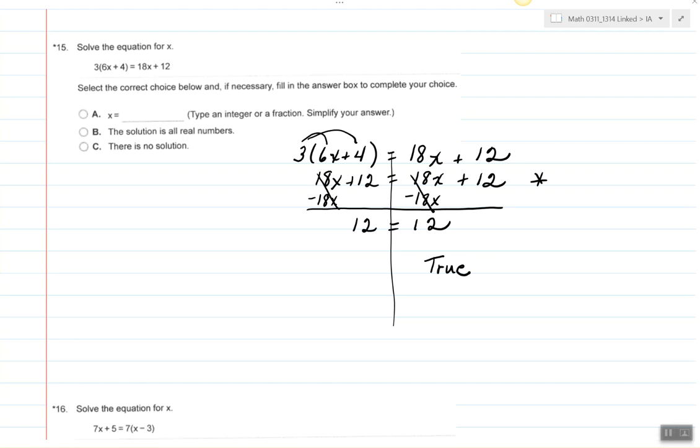That means that any value for x will make this true, so any value for x is a solution, and so the answer is actually all real numbers. And so that's the first time I've had something that did not have just a plain old numerical answer.